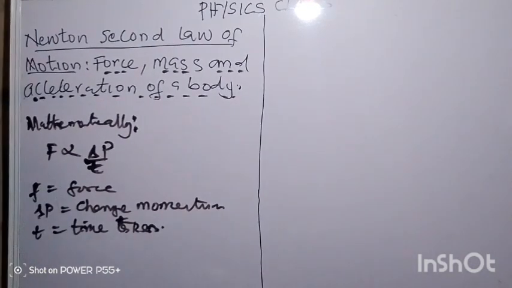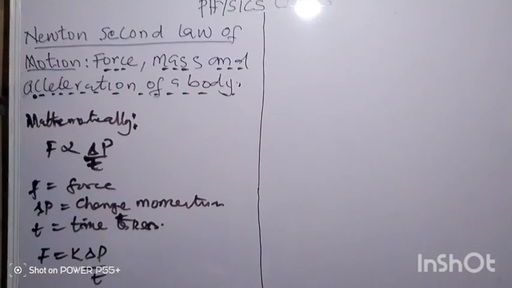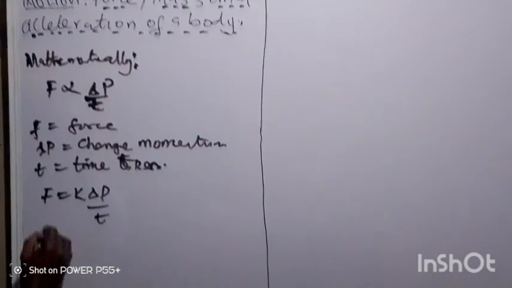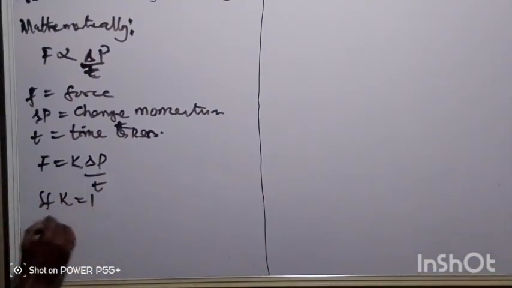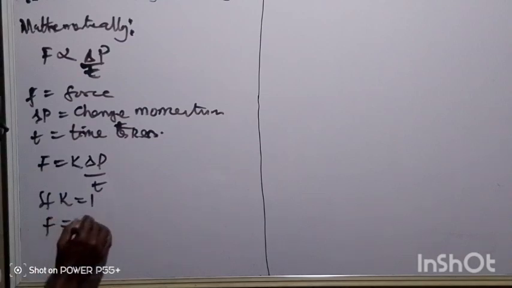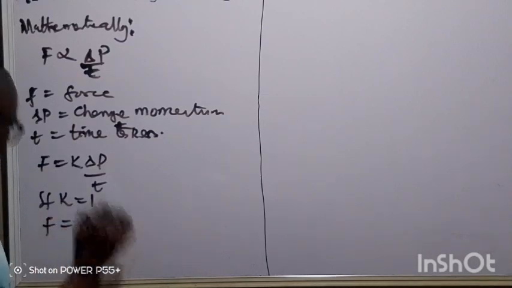Now from the expression, we can say that F is equal to k delta P over t, where k is a constant. If k is a constant and the value is equal to 1, then we have F equal to delta P over t.